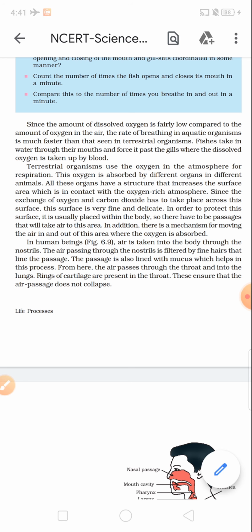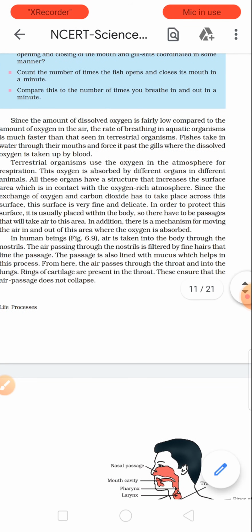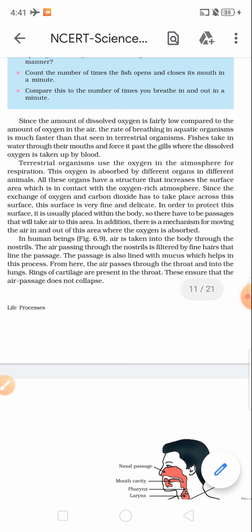If the surface area is less, the exchange will be less. So we have the alveolar sacs in humans, and these alveolar sacs increase the area so that the exchange takes place very easily.